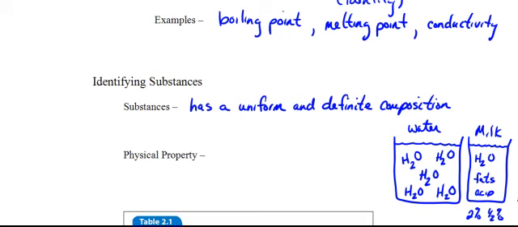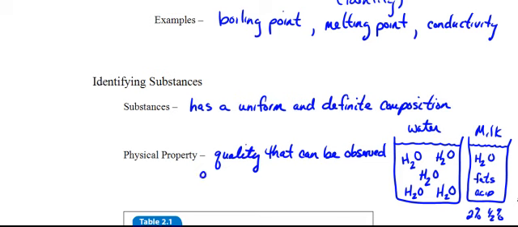Okay? Now, secondly, in terms of identifying a substance, one way that we can identify a substance is by using a physical property. Now, a physical property is a quality that can be observed or measured without changing the composition.